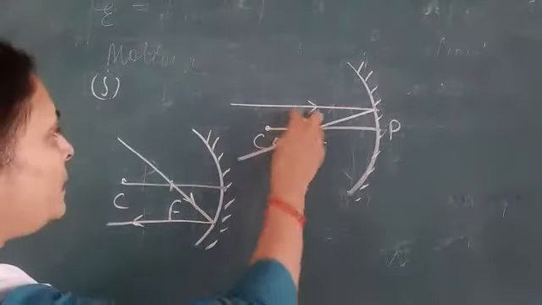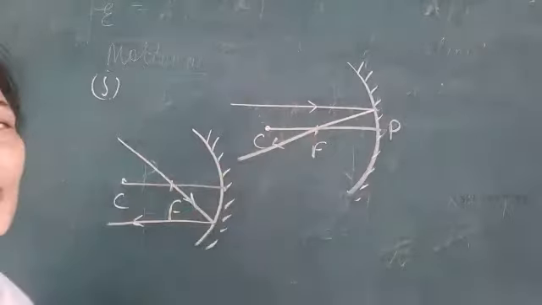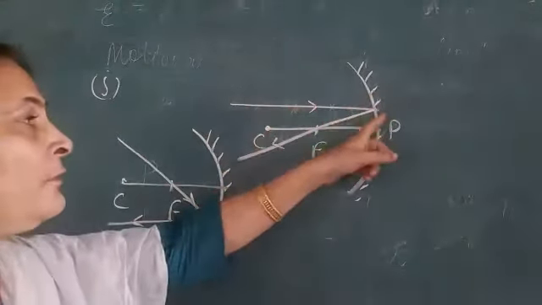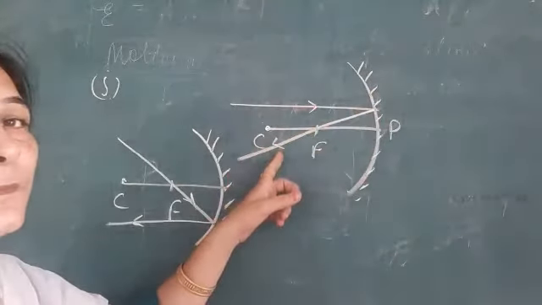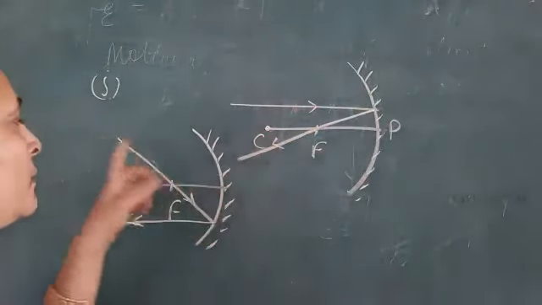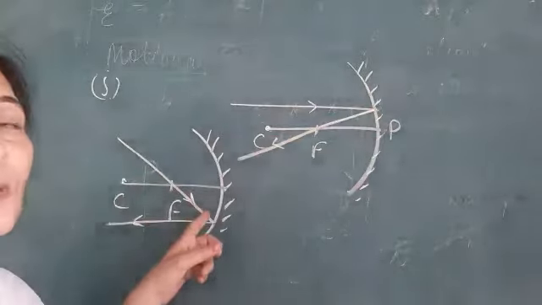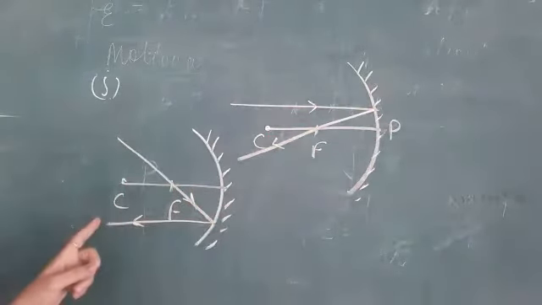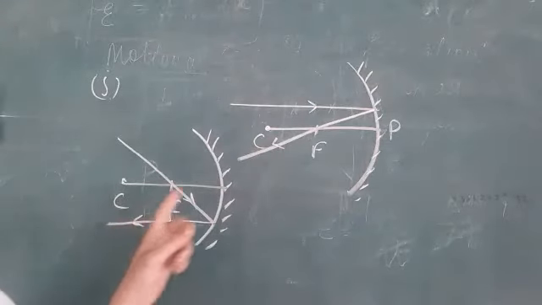So you can remember these two laws as converse of each other. A ray of light coming parallel to the principal axis after reflection will pass through the focus. A ray of light passing through the focus will become parallel to the principal axis. So these are the two laws.